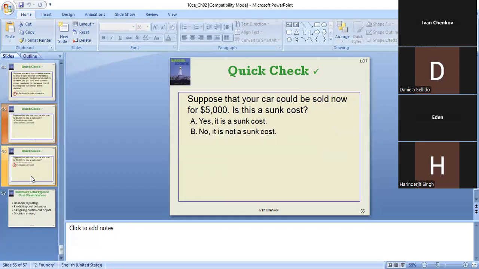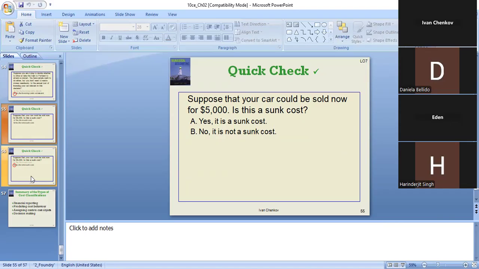So the last question for this chapter is a tricky question. Suppose that your car could be sold now for $5,000. Is this a sunk cost? No. Is this a cost at all?